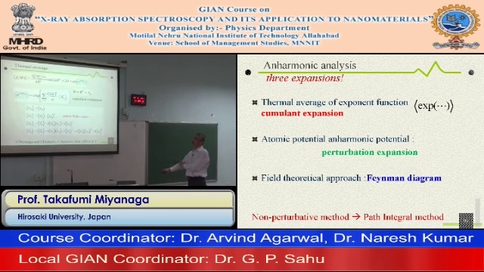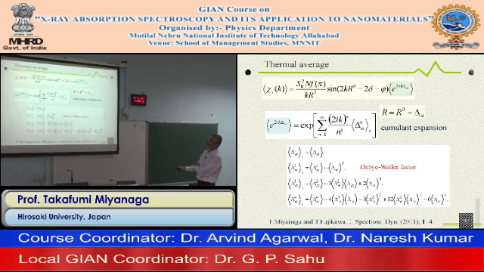The equation is here. The XAS function can be expressed by these sinusoidal functions we already discussed, but there is no thermal average part here, so we set the thermal average over here.